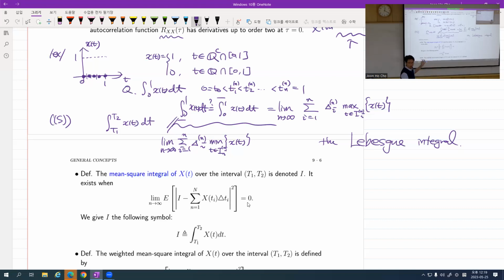That involves a lot of knowledge: measure theory, measure theoretic probability theory, and so on. That's the difficulty, and that was actually the goal of this course this year. We will continue next time on this mean square integral. Okay, let me stop.